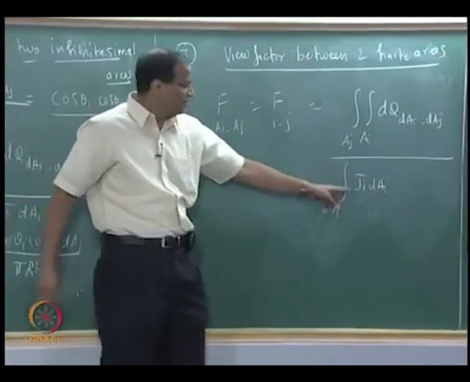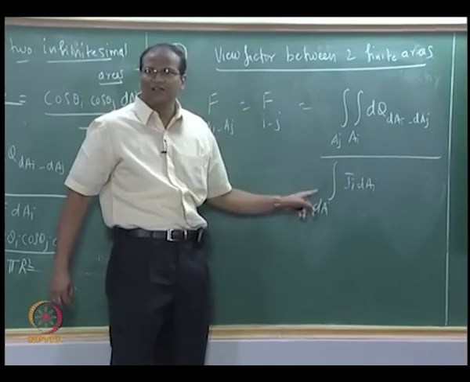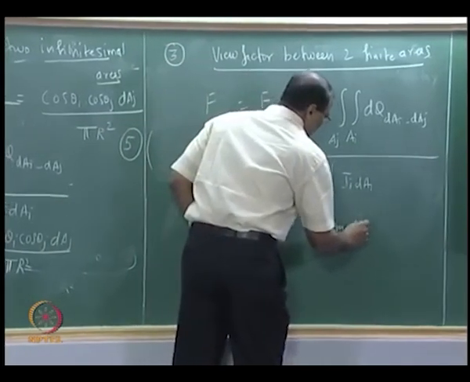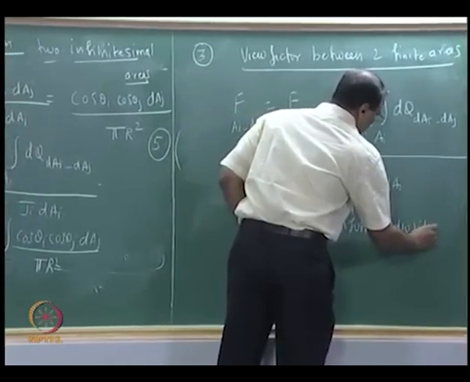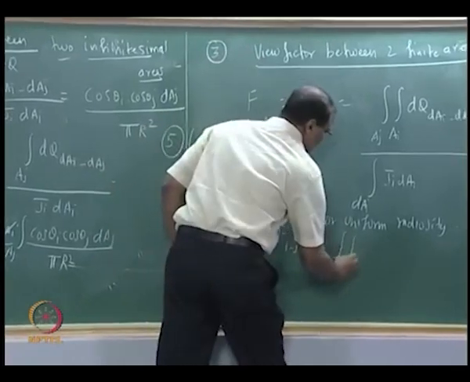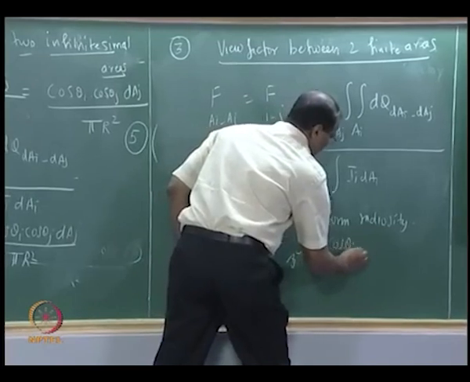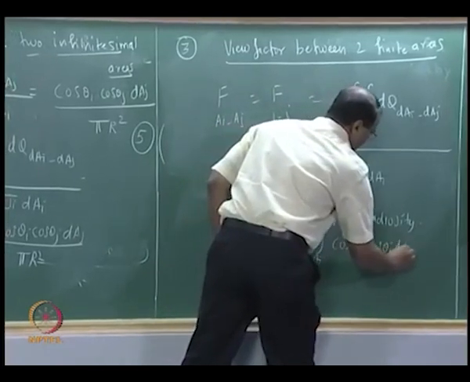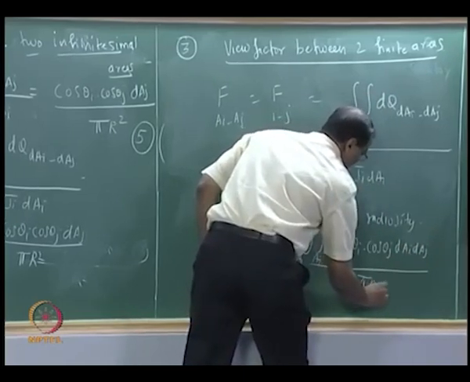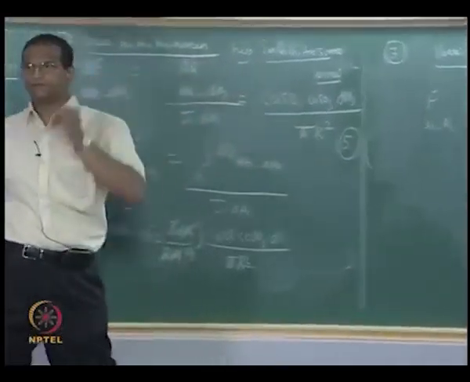If I assume that it is a uniform radiosity, then can I get rid of that? For a uniform radiosity equal to, is that correct?